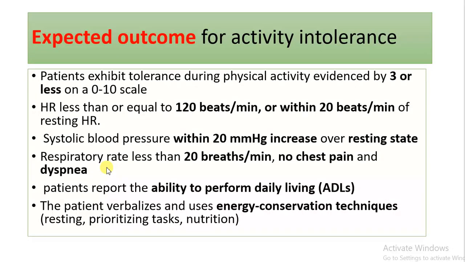It is completely obvious. Another outcome is the patient reports the ability to perform daily living. The patient reports this. It's okay. And the last one is the patient verbalizes and uses energy conservation techniques like resting, prioritizing tasks, nutrition, and so on. I will say them in continuation, the energy conservation techniques.